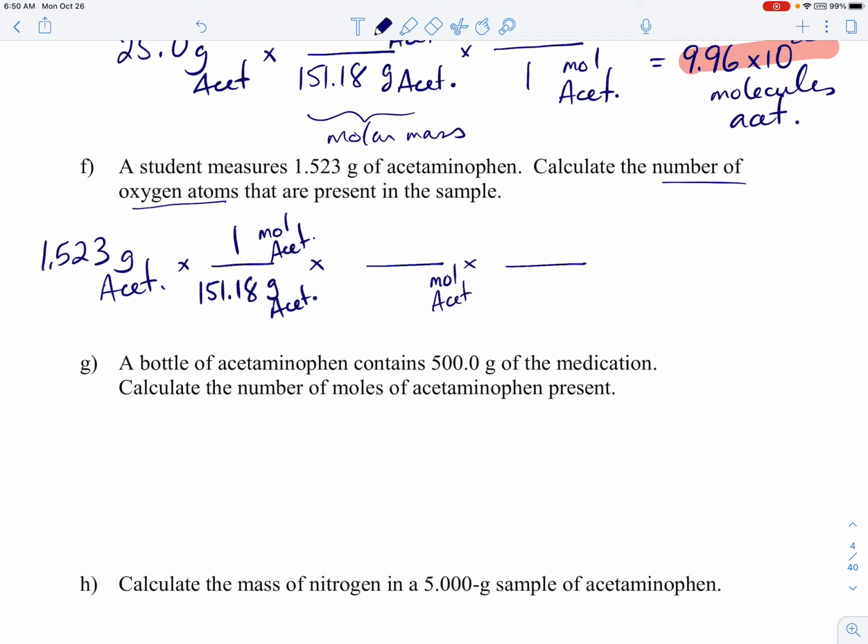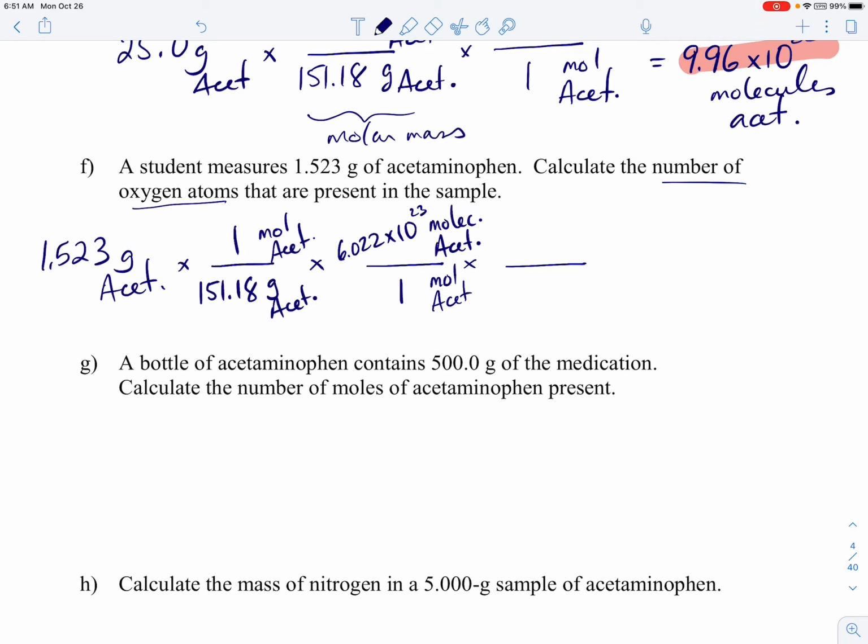Next, we can convert the moles of acetaminophen. We could use Avogadro's number, and we can find the molecules of acetaminophen, the number of particles of acetaminophen. Because acetaminophen is covalent, it's made up of these molecules, right? So 1 mole of acetaminophen has that huge number, Avogadro's number, 6.022 times 10 to the 23 molecules.